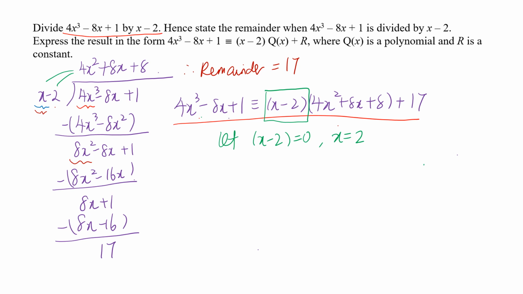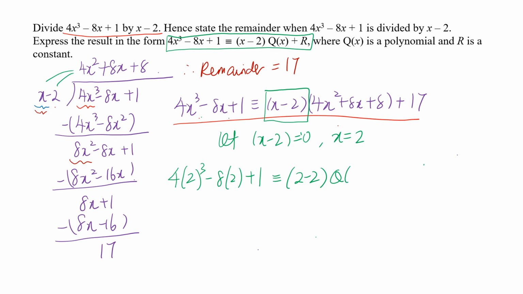And then if I replace the x with this number 2, let's see what happens. I'm going to substitute x equals 2 into my 4x cubed minus 8x plus 1. So I would have 4 bracket 2 to the power of 3 minus 8 bracket 2 plus 1, equals 2 minus 2, then multiplied by q bracket 2, plus my remainder r.